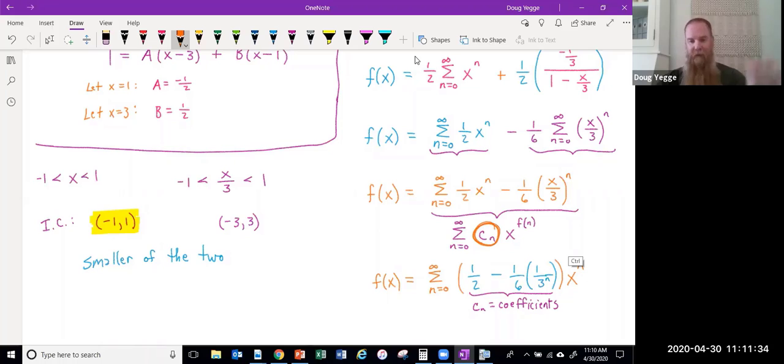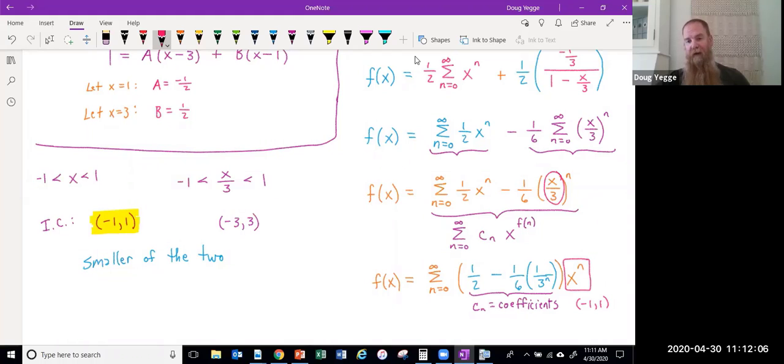I'll restate that because maybe that wasn't quite clear. If I were to simplify every power series to x to the power of n, which I typically am, then that might imply to you that -1 to 1 is always the interval of convergence. But it's not, because if it happened to have an x over 3 to the power of n, like this, then I realized that the interval of convergence would be -3 to 3, not -1 to 1.